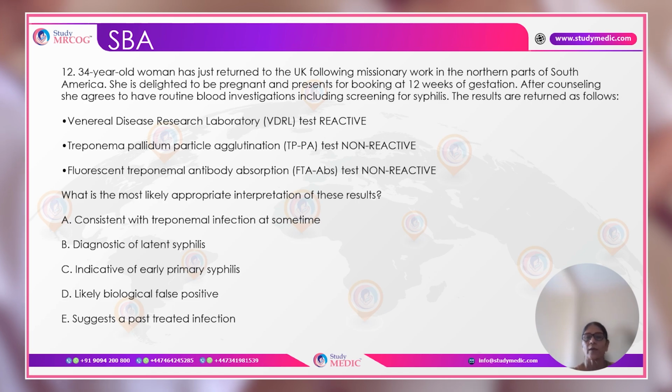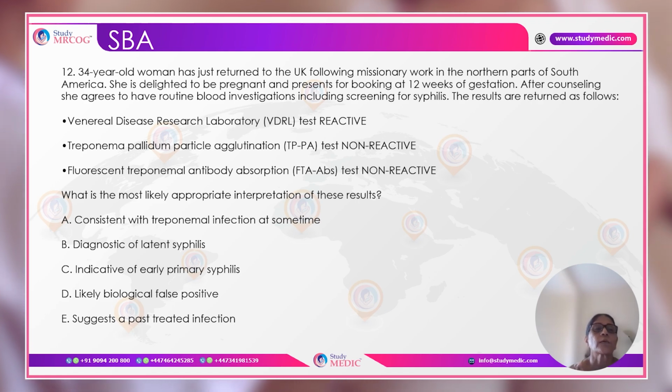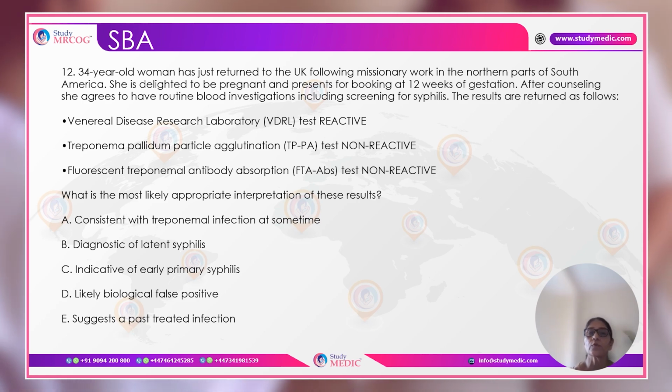Okay, a very hot favorite question of the college. It appears in almost each and every paper, so you have to know this question. You have this 34-year-old woman. She was working somewhere outside the UK. She came back to the UK and she's delighted to find that she's pregnant, so she goes for her booking investigations.